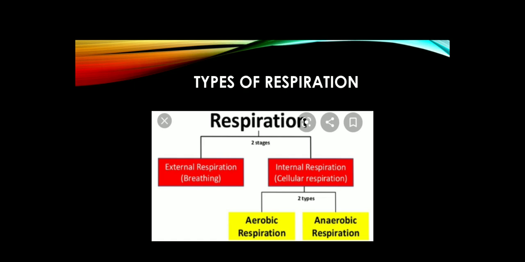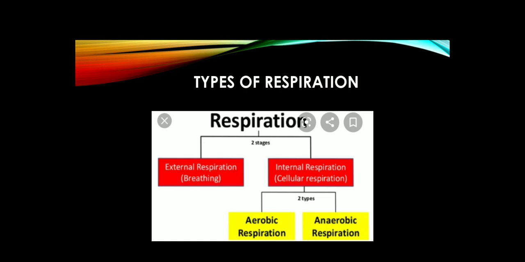In the previous sessions, you learned what breathing is. We take in oxygen and we take out carbon dioxide. It means we inhale oxygen and we exhale carbon dioxide. Together, the process of inhale plus exhale is called breathing. This is the external respiration.